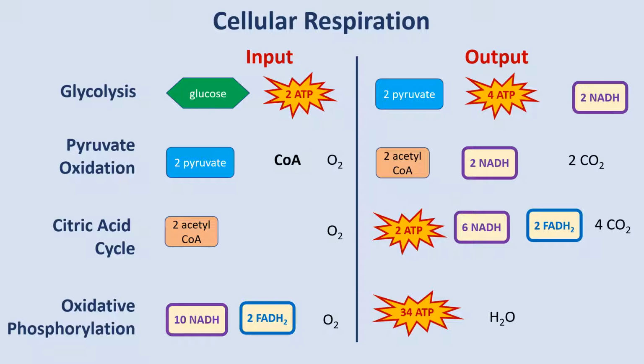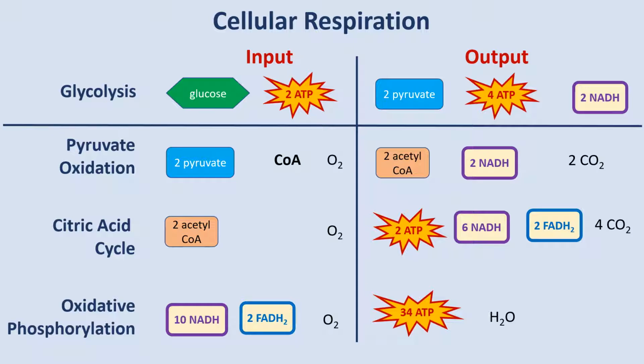Now there's a couple more pieces of info I want to include here, and these pieces of information can be divided with a line right there. Now the first piece of information concerns where these reactions take place. Well, glycolysis occurs in the cytosol, and the other 3 reactions occur in the mitochondrion. And that's good information to know.